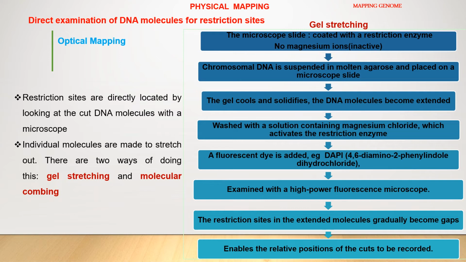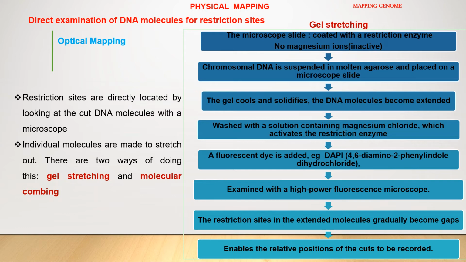In this method, the microscope slide is first coated with inactive restriction enzyme, that is, there is no magnesium ion present to activate the restriction enzyme. Next, the chromosomal DNA is suspended in molten agarose and placed on the microscope slide. When the gel cools and solidifies, the DNA becomes extended.